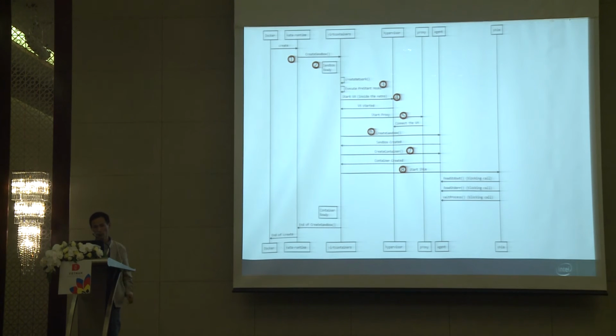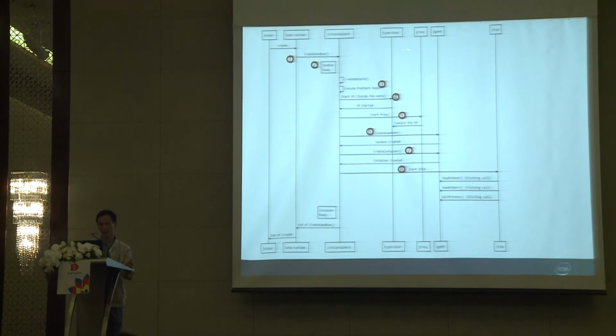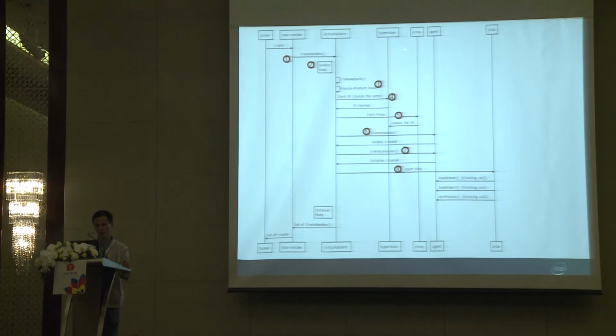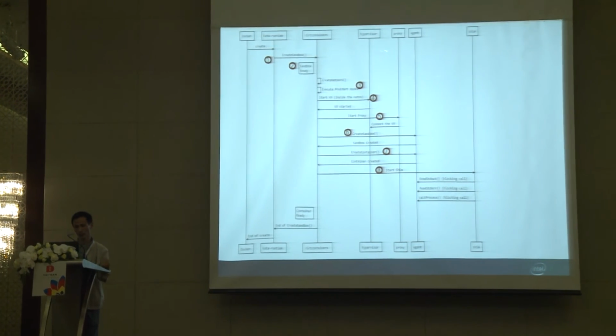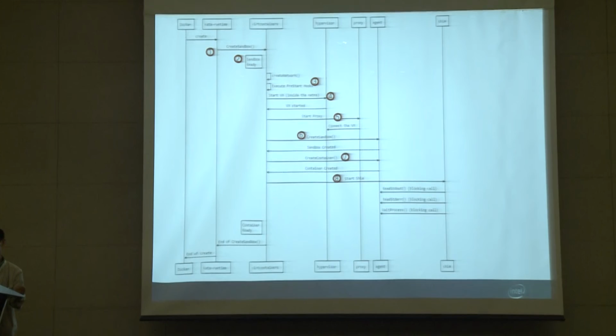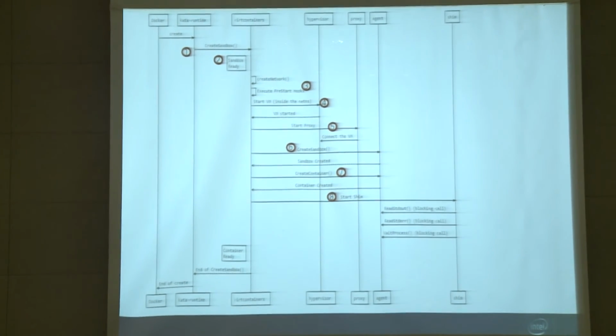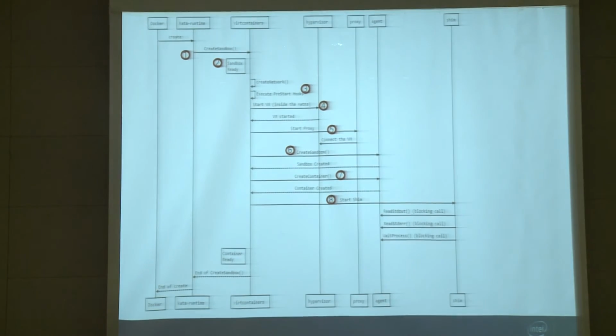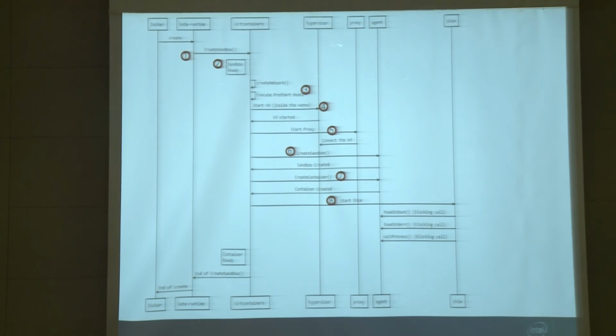Let's take a look. What's the process to launch a Kata container? The first step is a create command from the Docker engine, right? And the Kata container has received this command and calls the runtime to create a sandbox. And the first step of creating a sandbox is to create a network namespace.